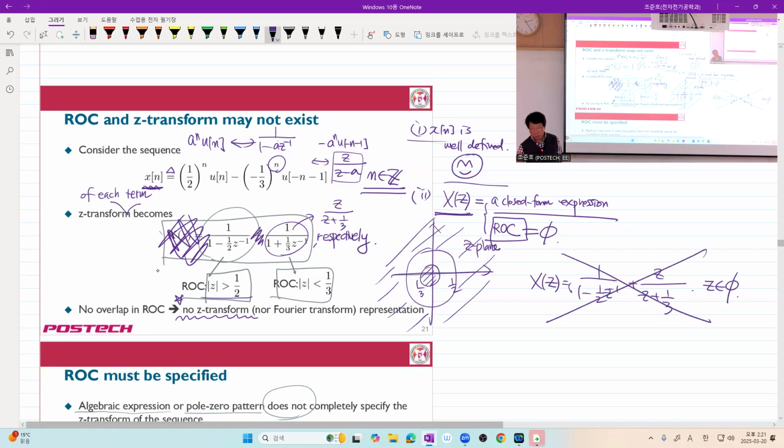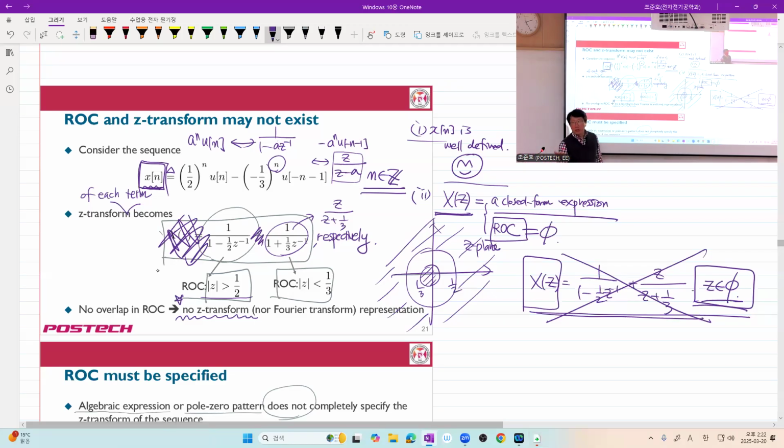Some people love to write this way because if we write this way, by specifying the ROC is empty, then actually we can reconstruct the signal X from this information. However, many of the textbooks and many of the authors of the textbooks just say that this signal does not have the Z transform because the domain is an empty set.